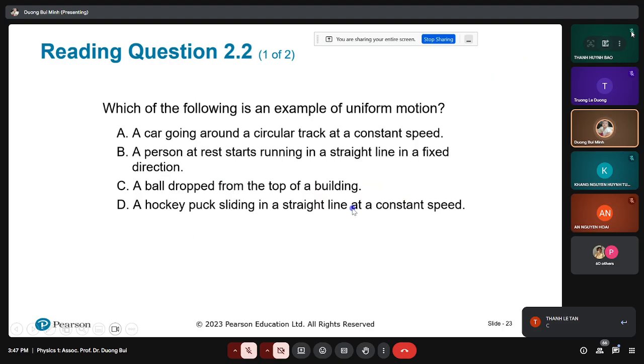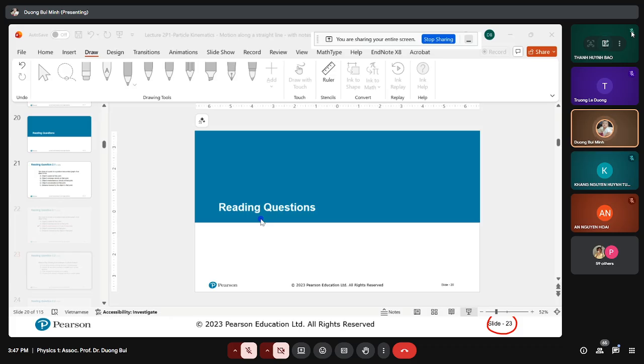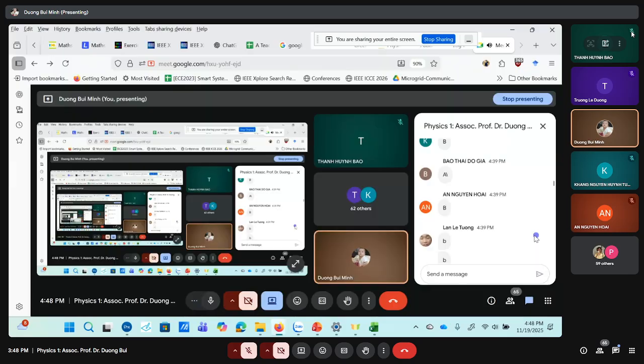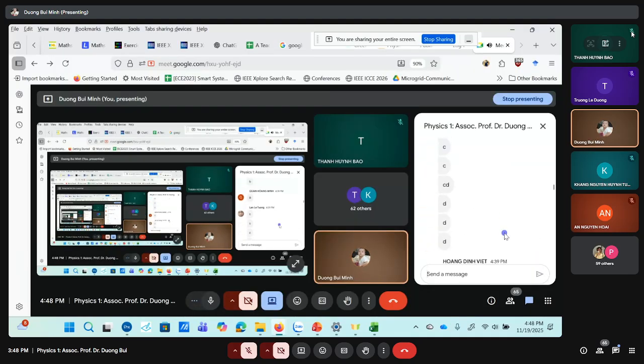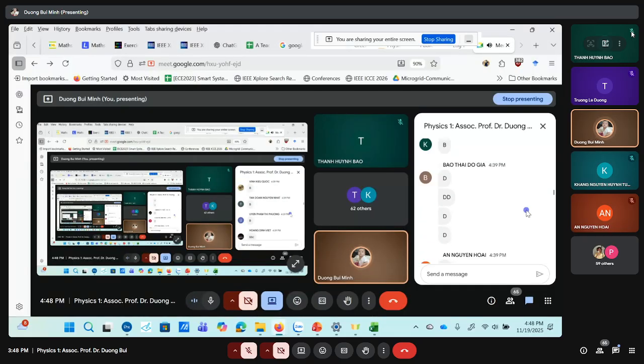Maybe we stop now. Slide 23. Now I will check the answers. From 346, I will check from 346.